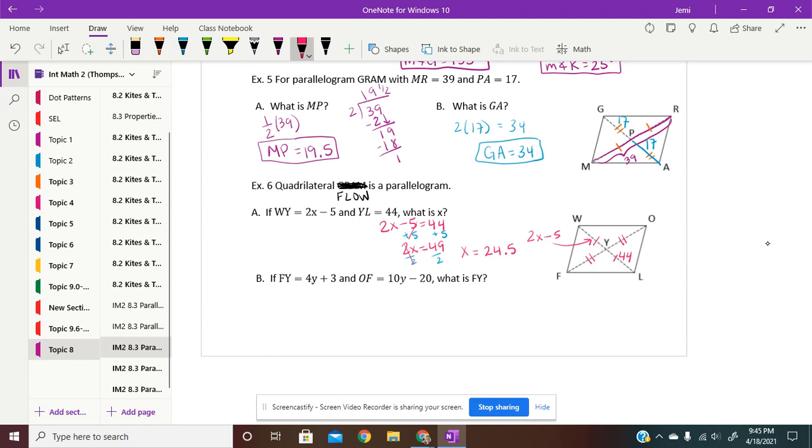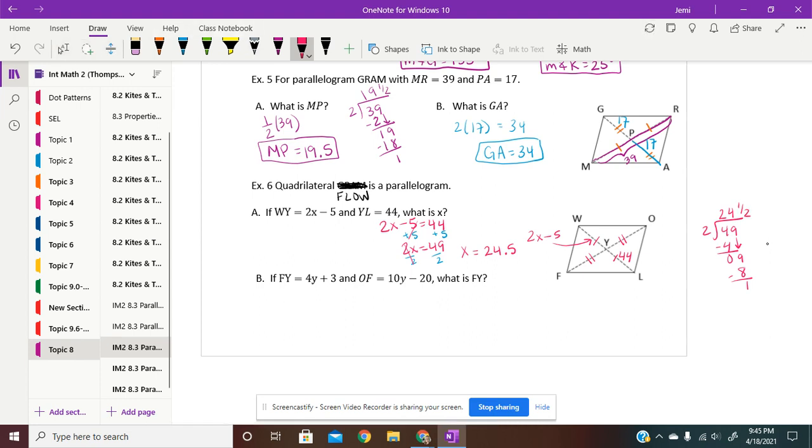So you could use a calculator, or we can do that with some division. 2 goes into 4 2 times. 2 times 2 is 4. Subtract the 0, bring down the 9. 2 goes into 9 4 times. 4 times 2 is 8. Oops. Subtract, and I'm left with 1. When there's nothing left to bring down, that becomes my fraction.